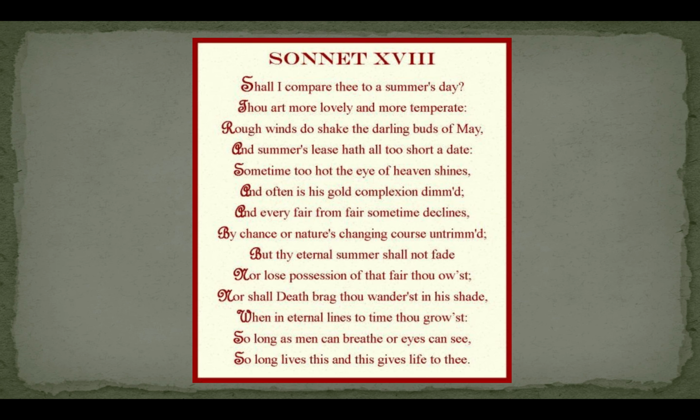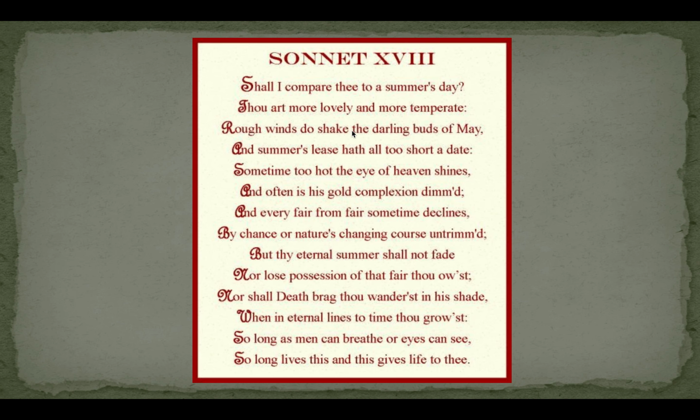All right, so let's take a look at our sonnet for words. What are some words here that are challenging? Well, we've got a lot of pretty easy stuff, but we have this use of thee and thou. You'll also see in a lot of Shakespeare sonnets thy. Let's see, we've got temperate.